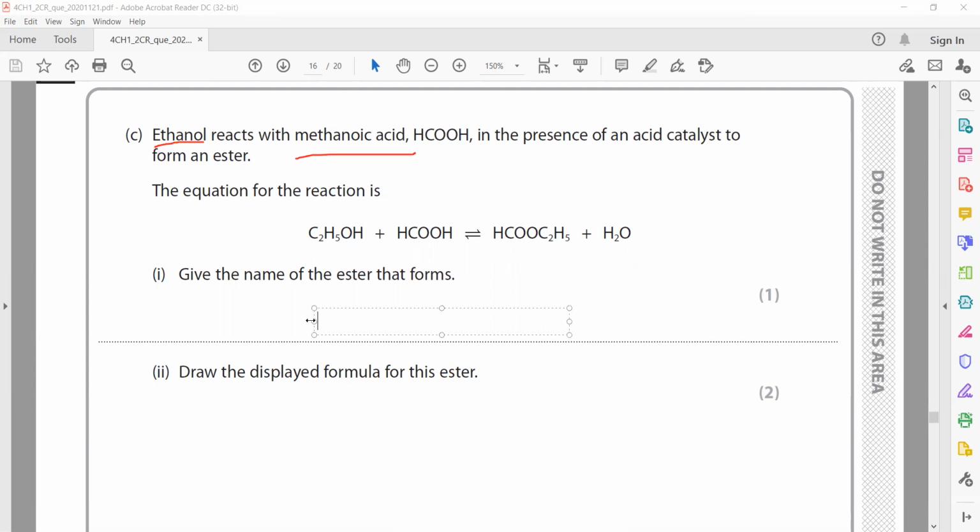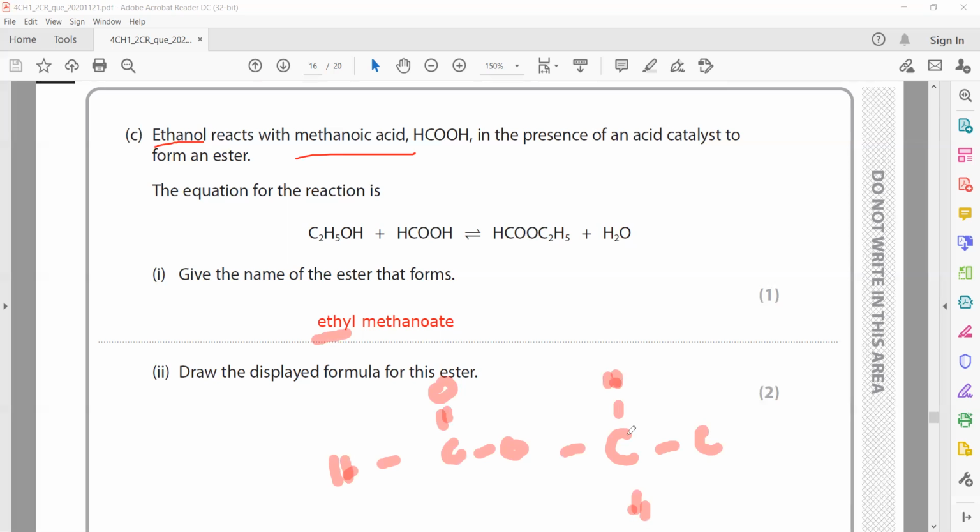So it will form ethyl methanoate. And then the displayed formula of ethyl methanoate. So we will draw first the ester. Ester means C double bonded with O. And then the part which is the branch from the alcohol is 2 carbon, and this one has only 1 carbon. The remaining we will place the hydrogen. In a displayed formula we have to represent all the bonds.